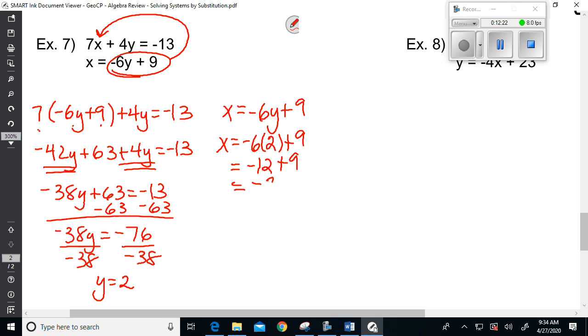Negative 12 plus 9, negative 3. So your answer is negative 3, comma 2. Remember, x comes before y in the alphabet, so x comes before y in your answer. And that's it. Problem's over.